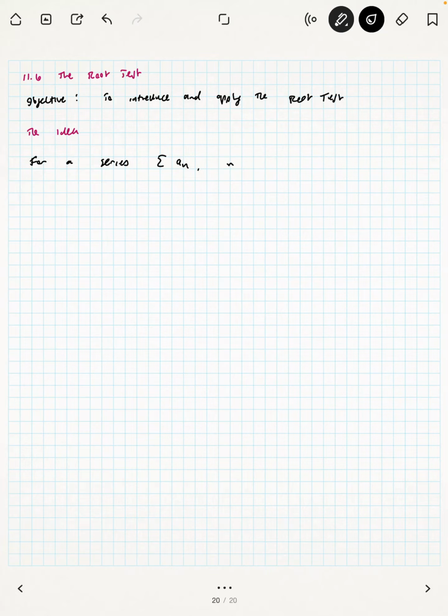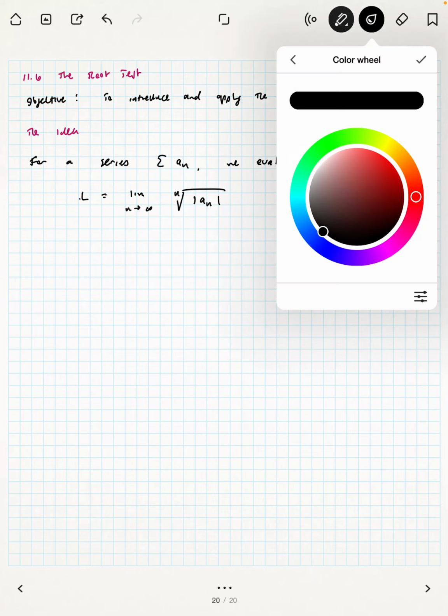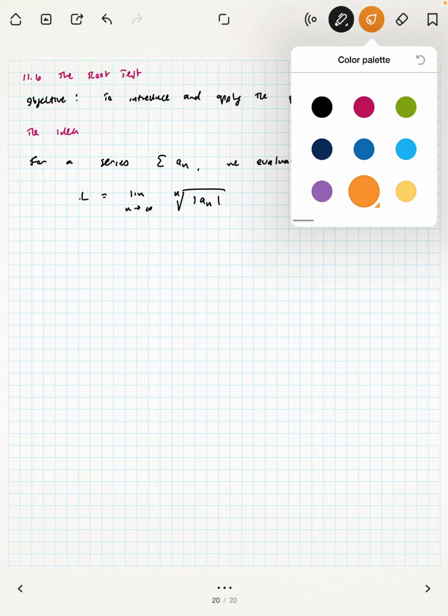So here's the idea. I'm going to find for a series a sub n, we evaluate the limit, capital L being the limit as n goes to infinity of the nth root of the absolute value of the nth term.